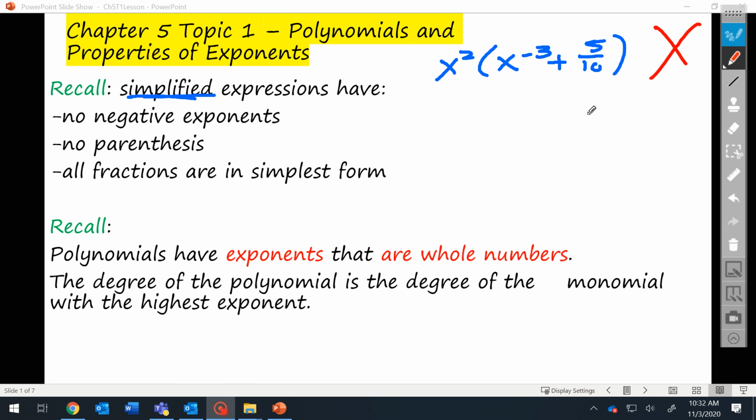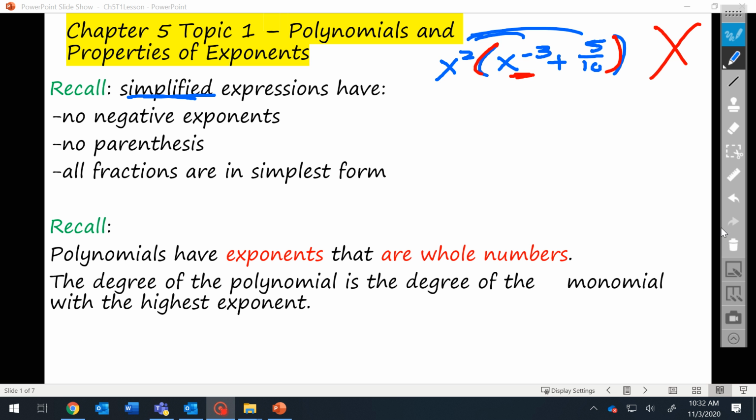It violates all three of those. It has a negative exponent, it has parentheses, and it has a fraction that's not simplified. Of course, to simplify this, we would distribute, we would turn the exponent positive, we would simplify this fraction.